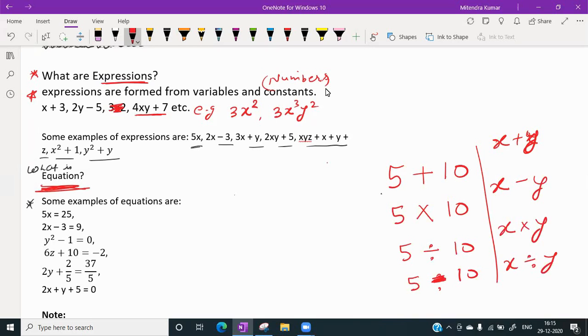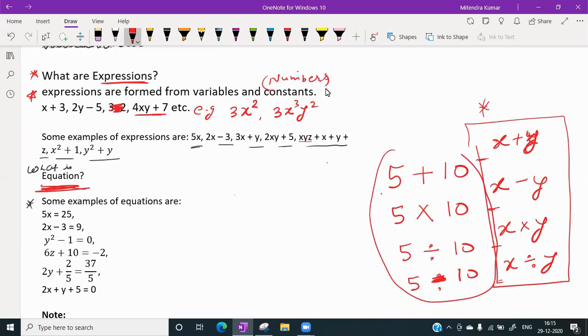And we are going to learn these things in this chapter. This is new to you, how to add, subtract, multiply and divide two variables, because you are comfortable with numbers, now you have to be comfortable with variables, okay.